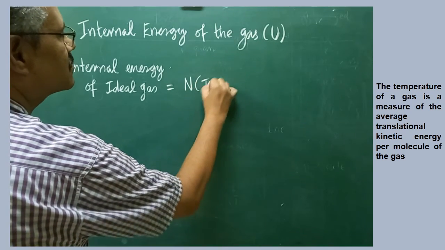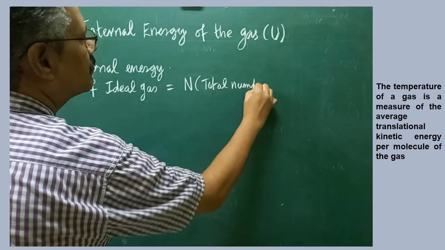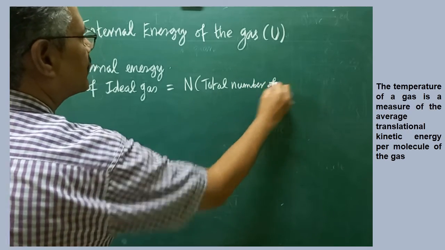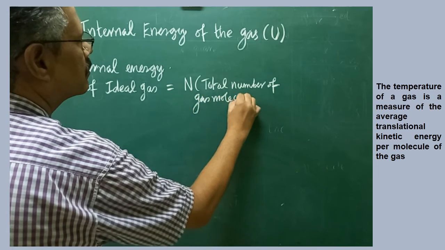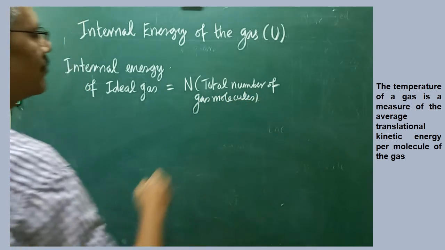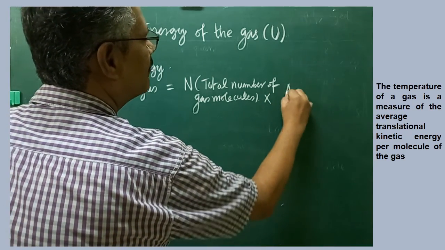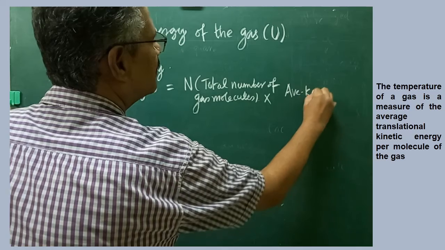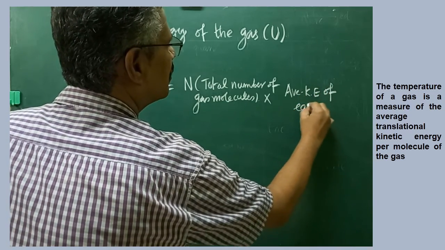The total number of gas molecules, N, must be multiplied with the average kinetic energy of each molecule.